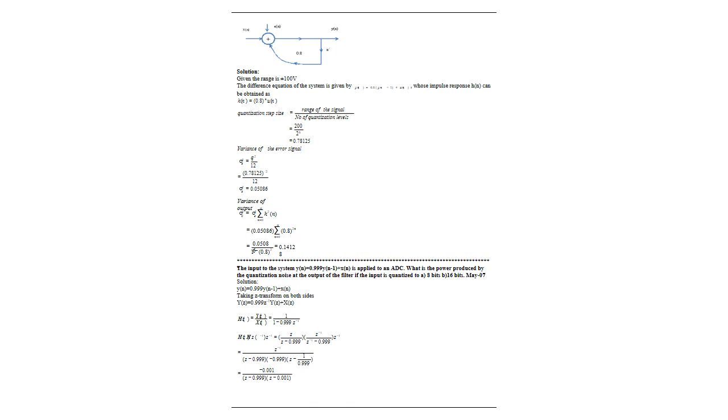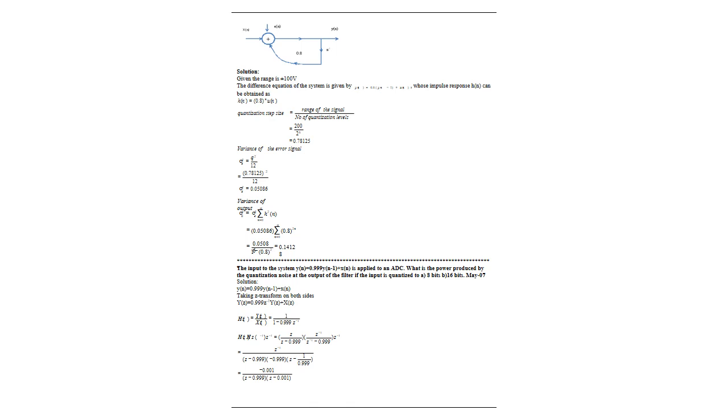Next we form h of z into h of z inverse, into z inverse, equal to z by z minus 0.999 into z inverse by z inverse minus 0.999, which is z inverse divided by z minus 0.999 into z minus 1 by 0.999.